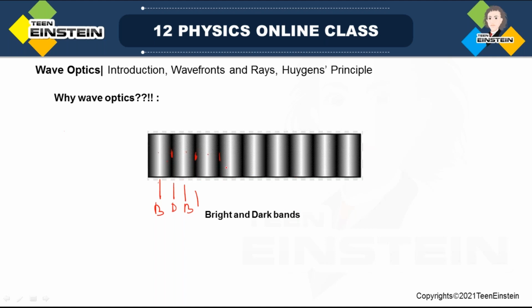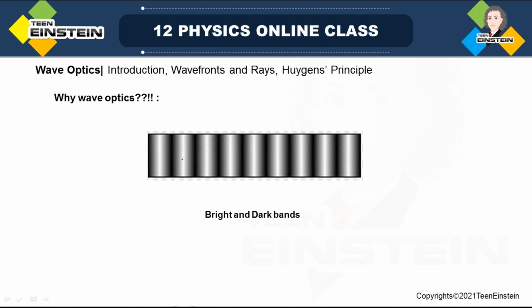It is really surprising how two lights can produce darkness. Bright regions are fine. If you have two lights superposed together, you expect more brightness rather than darkness, right?